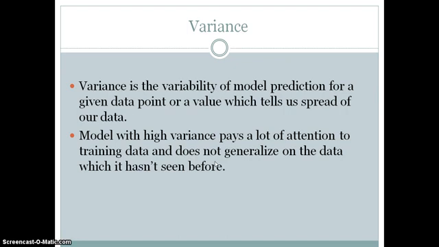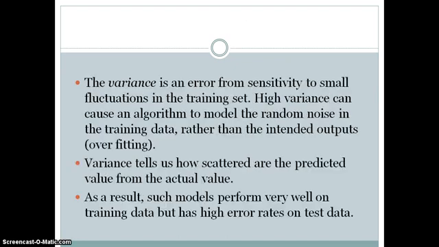Variance is an error from sensitivity to small fluctuations in the training data set. High variance can cause an algorithm to model the random noise in the training data rather than the intended output. So it will cause overfitting. High variance will cause overfitting of the data. It creates noise in the training data set, so it is difficult to analyze the data set.